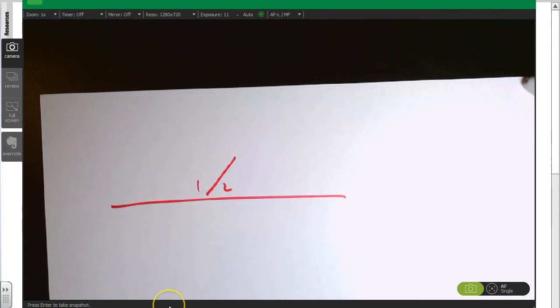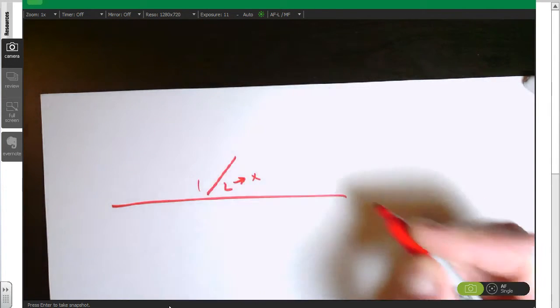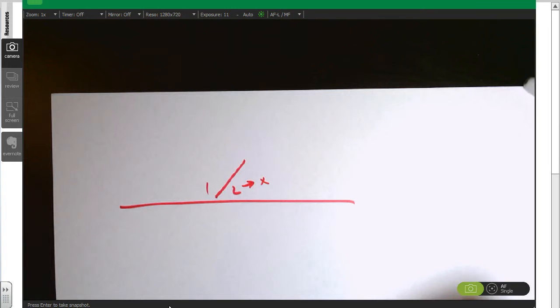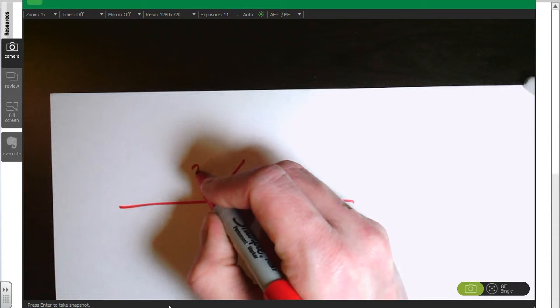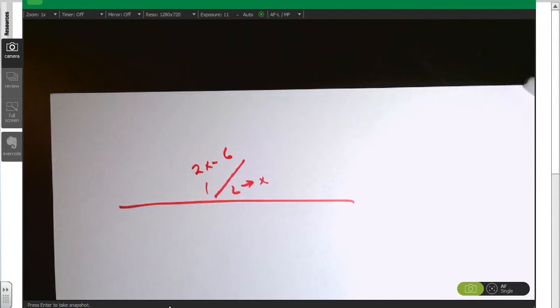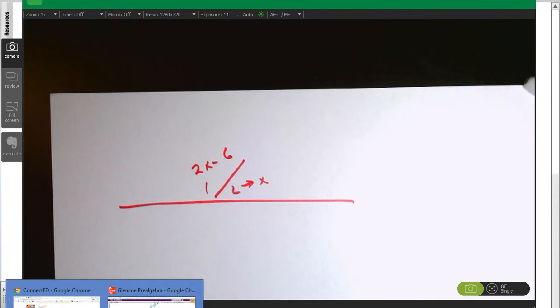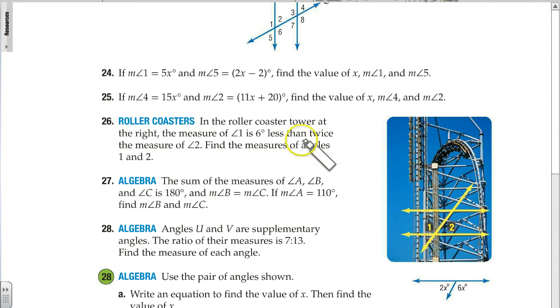Now we know this. We're going to call angle 2 x because that's what angle 1 is defined in terms of. And angle 1 is 6 less than 2 times angle 2. So twice the measure of angle 2 is 2x, and then minus 6. And then angle 2 is just going to be x.